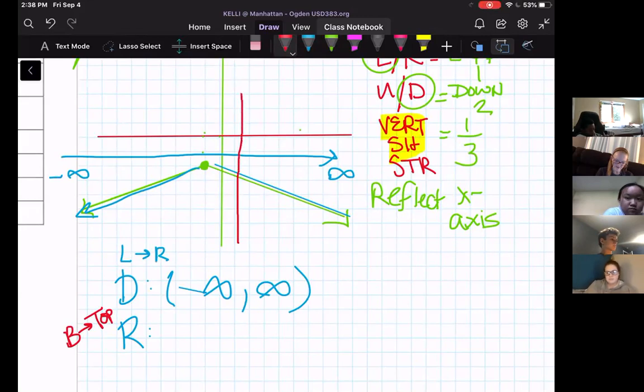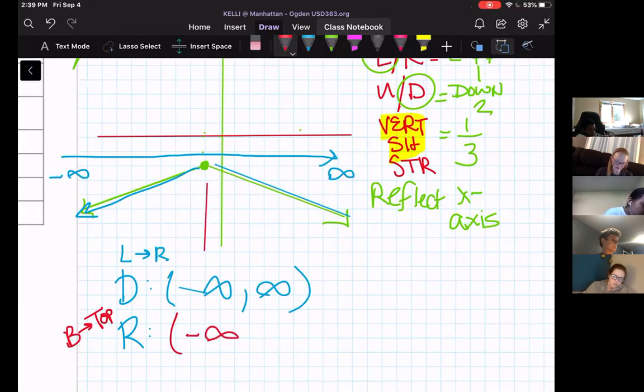Yes or no? That's all I'm looking for, you guys. Is there a bottom number that it starts at? What do you guys think? No, it doesn't have a lowest point, right? It starts from negative infinity from down here.